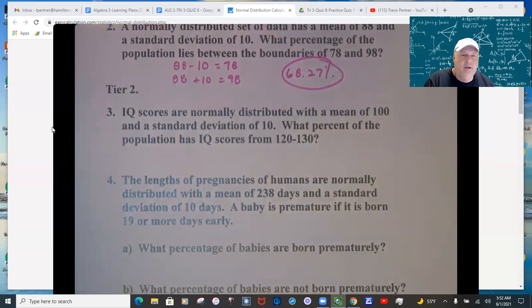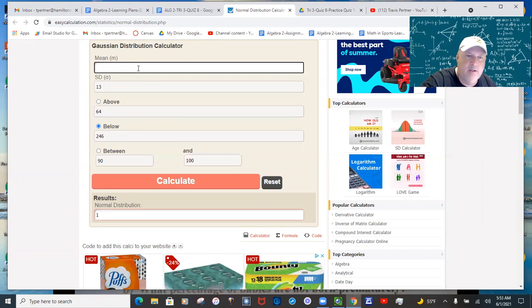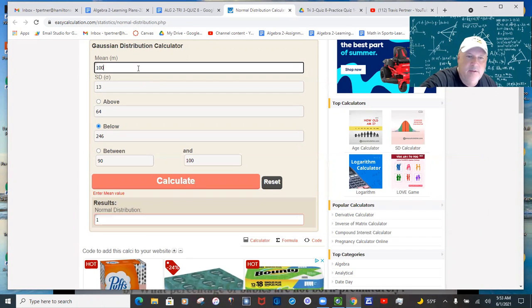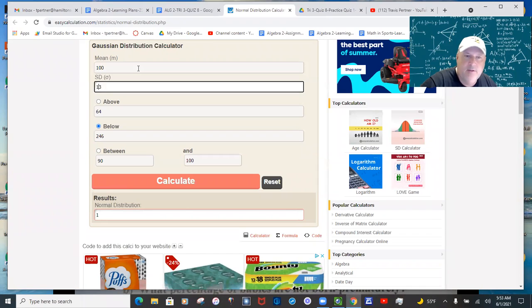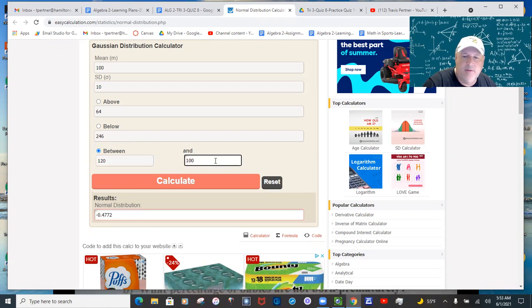All right, so 110 and 120 and 130. You're just going to go here again, and I'm going to do this a couple of times only, and then probably just show you the rest of the answers to this, 120 and 130.